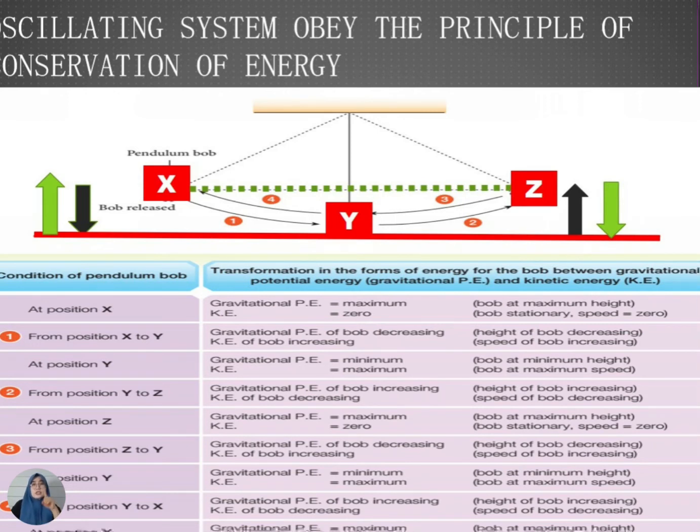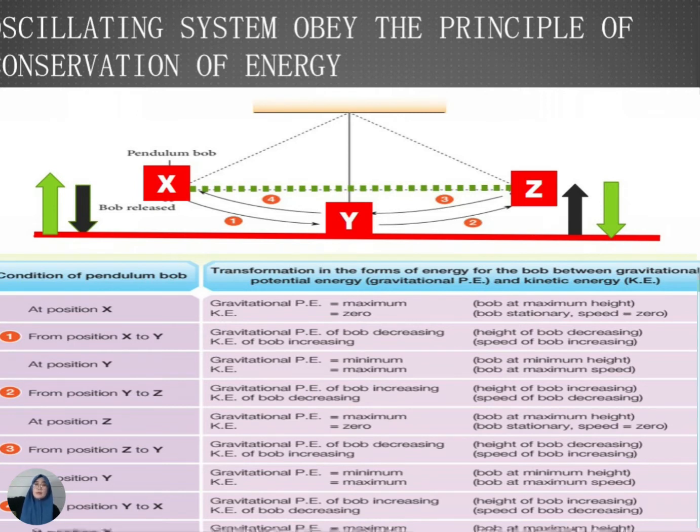At position Z, the gravitational potential energy is back to the maximum height again, and the kinetic energy is zero because the bob is stationary, static, and the speed is zero.